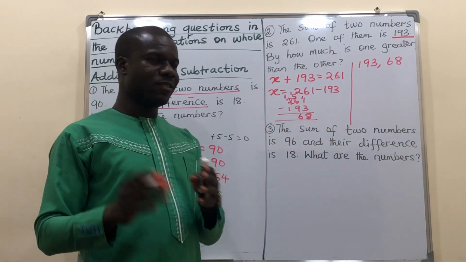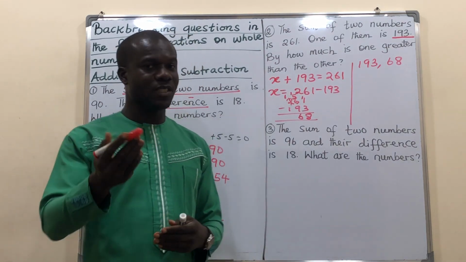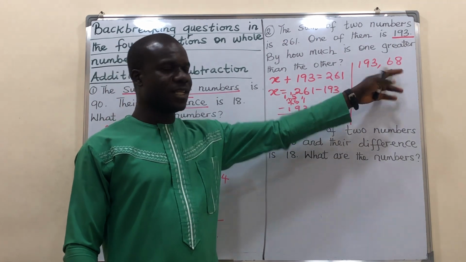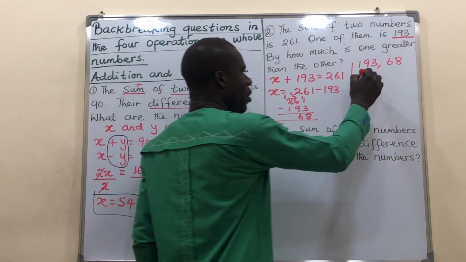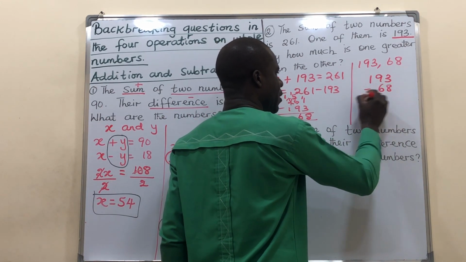The question says, by how much is one greater than the other? So I'm going to put it this way. By how much is 193 greater than 68? To get that, I need to subtract. So 193 minus 68.